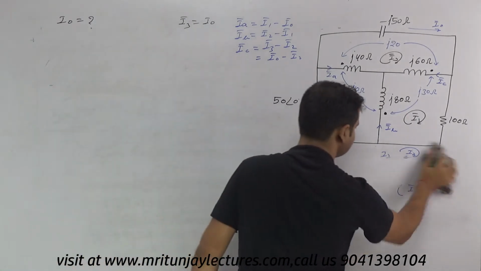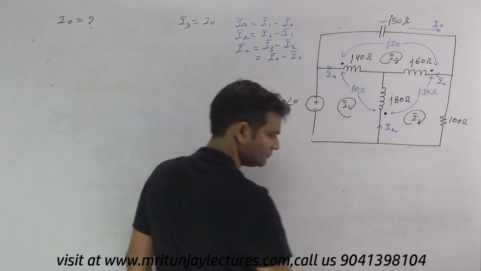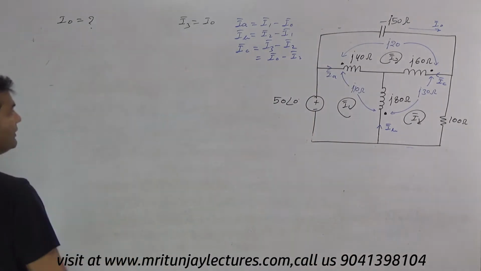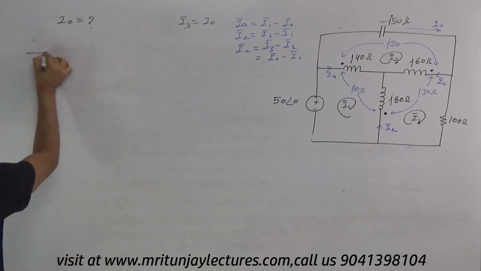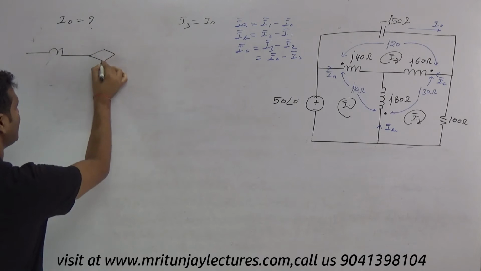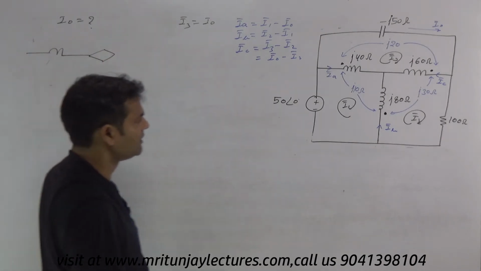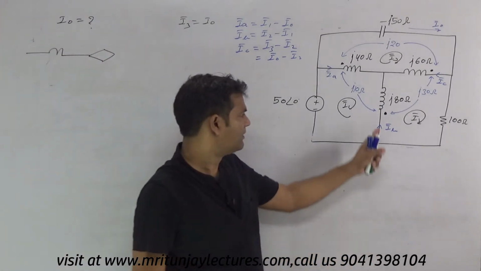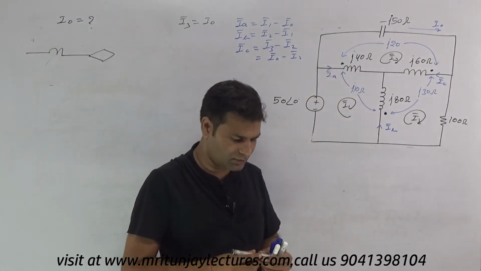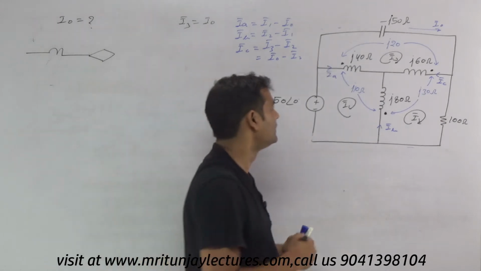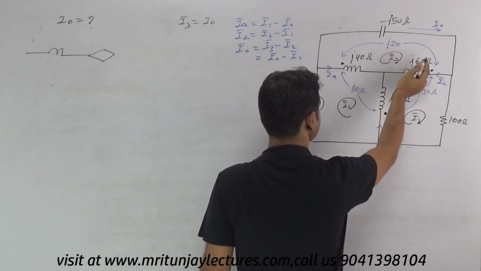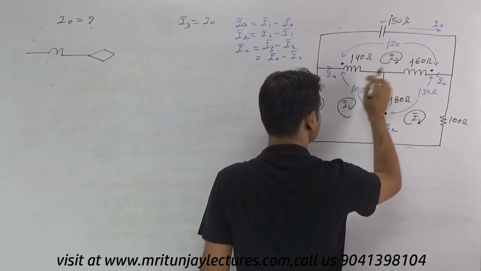After that, what about polarity? So first of all make a box corresponding to the first one, according to dot sign convention. Dot means mutual impedance between these two and these two.